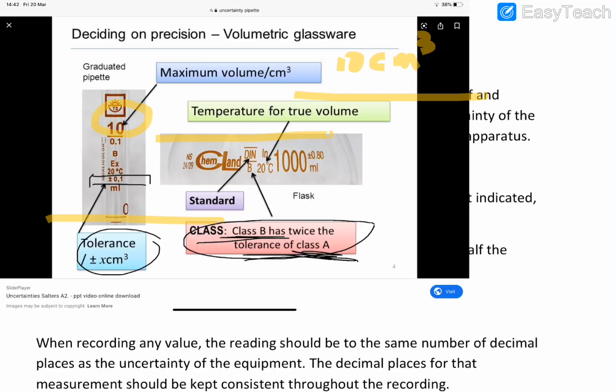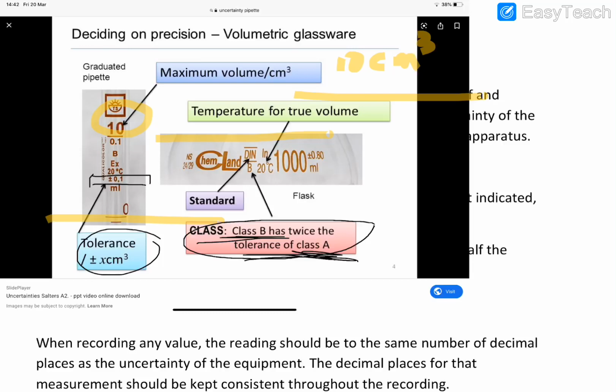As the alphabet goes up, the uncertainty becomes less accurate, and the type will also indicate the flow of the liquid in the equipment.